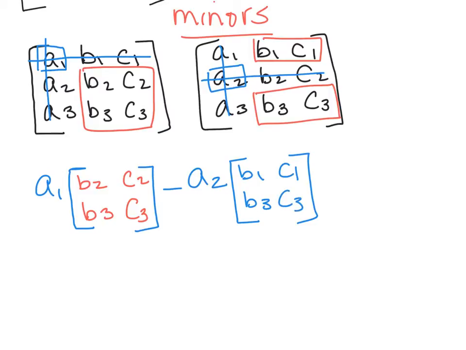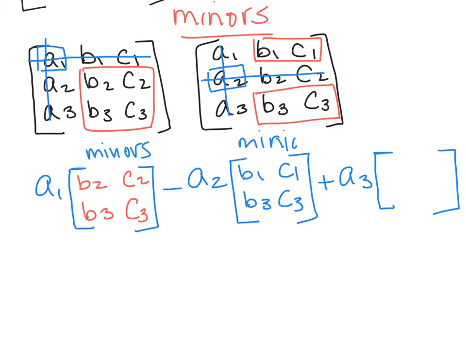And then lastly, we are going to add the product of A3 and its minor. So these 2 by 2s are all called minors. So this is A1's minor, this is A2's minor. Let me try that again.